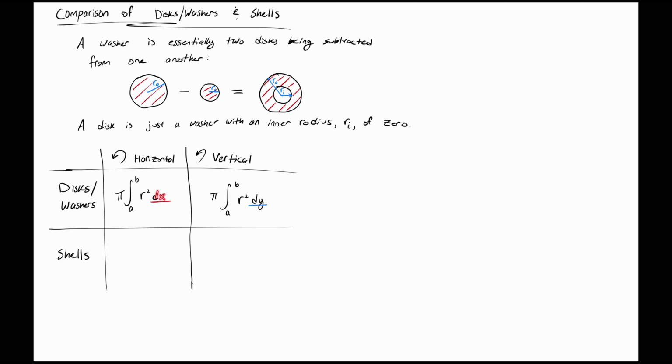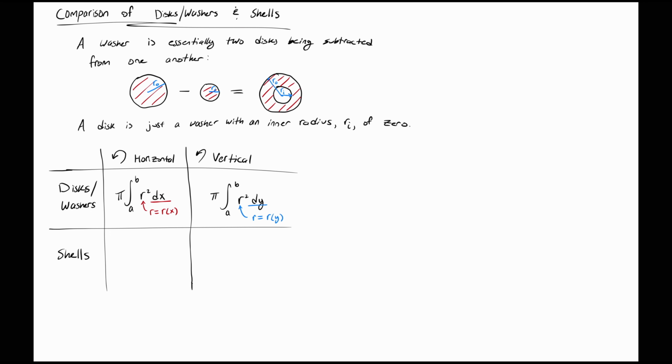If this is dx, then this radius r must be a function of x. Similarly, this one tells us that r must be expressed as a function of y. You can't have any x's in that.